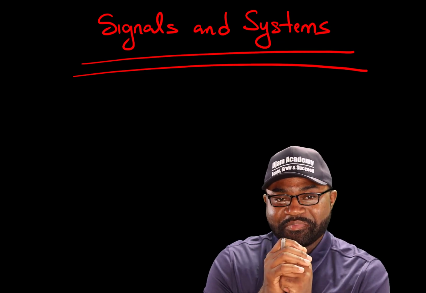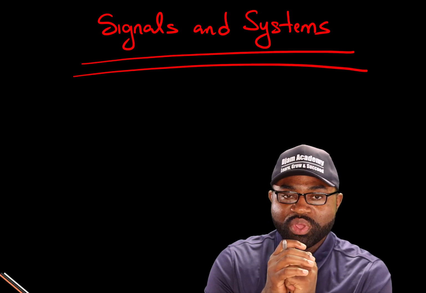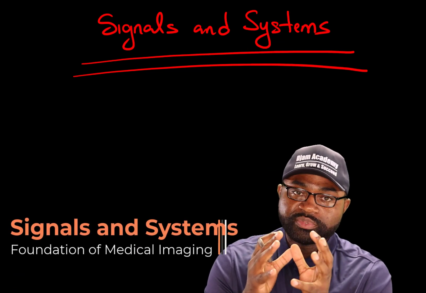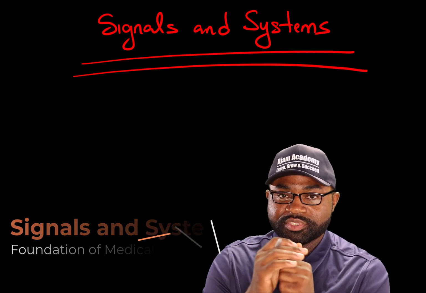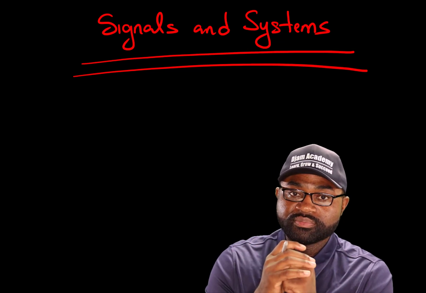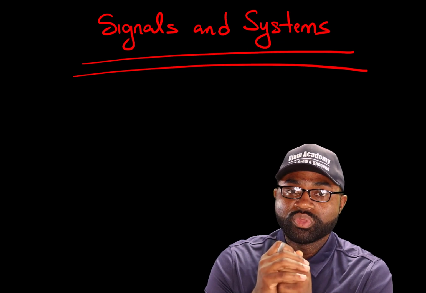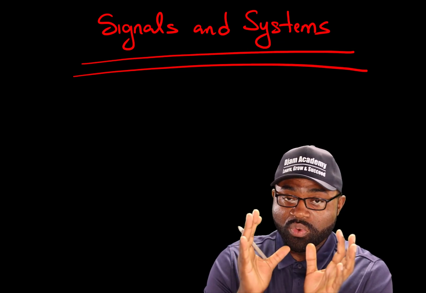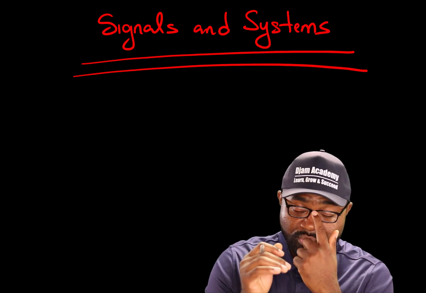Hello everybody. In this short lesson, we will discuss the concept of signals and systems. We have three simple objectives. By the end of this lecture, you will be able to define what a system and what a signal is.